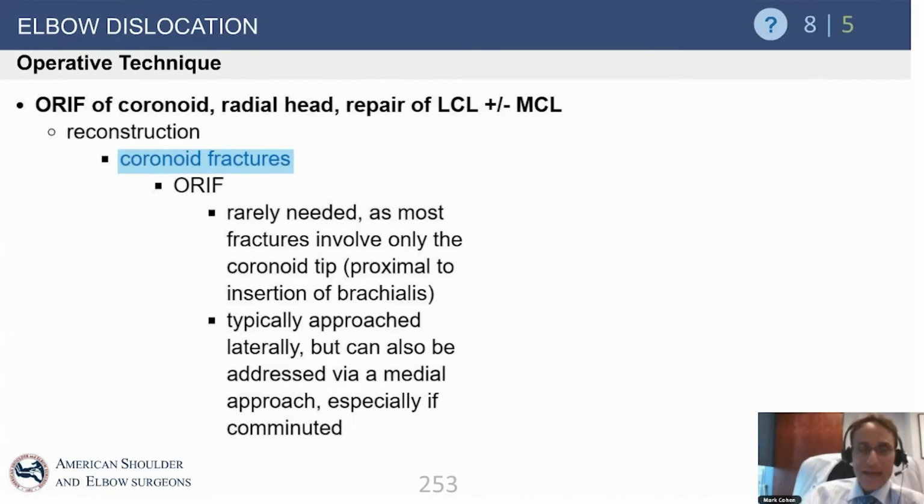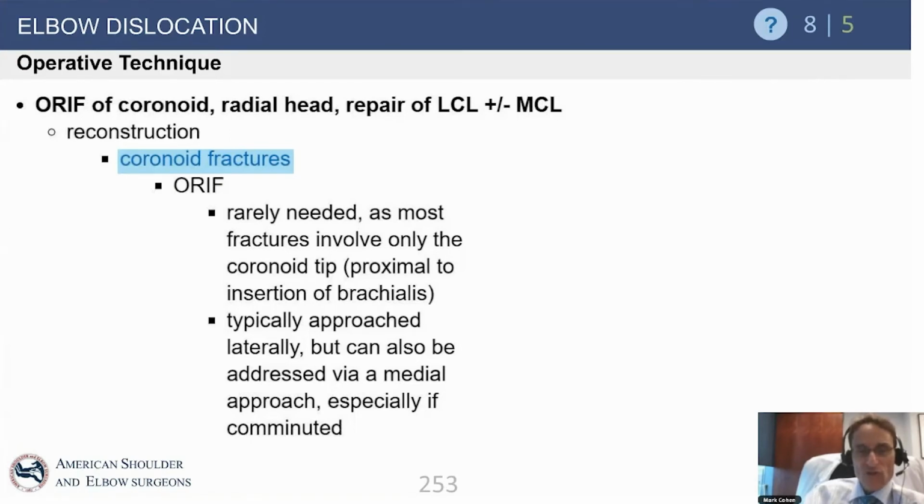You're looking right at it, and most commonly you do repair this with some type of internal fixation. I really don't like to use suture or string when I'm fixing articular injuries of the elbow that are required for stability. So usually it's small 2.0 millimeter anterior to posterior screws.